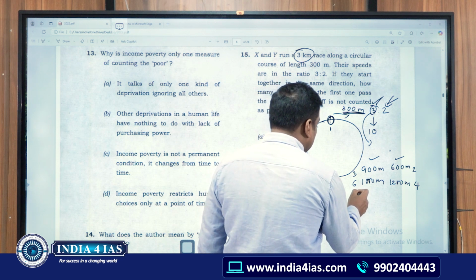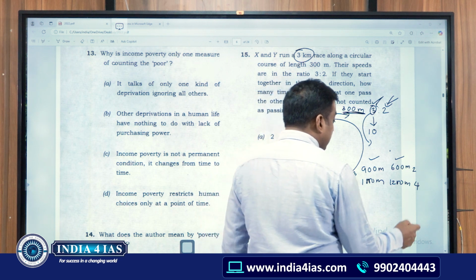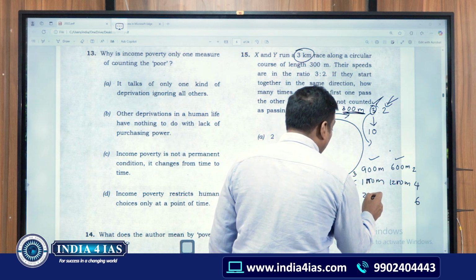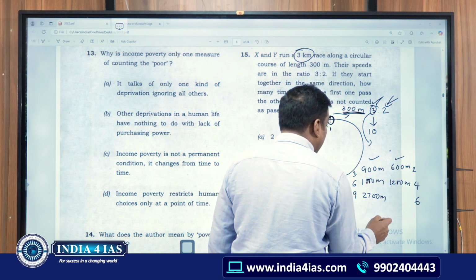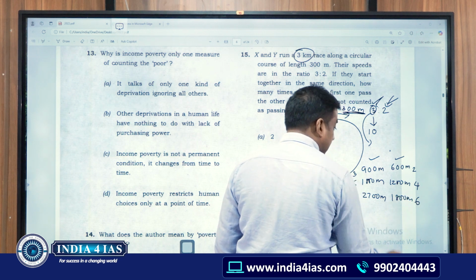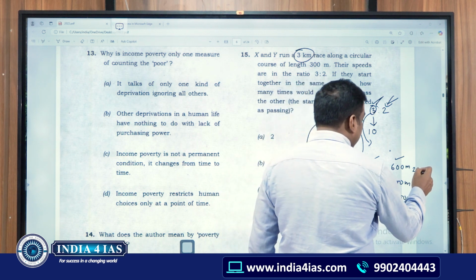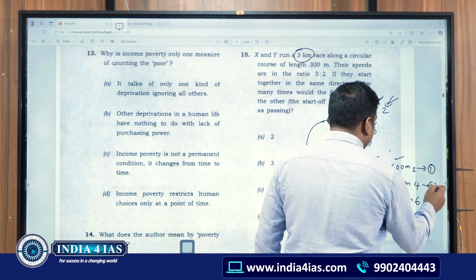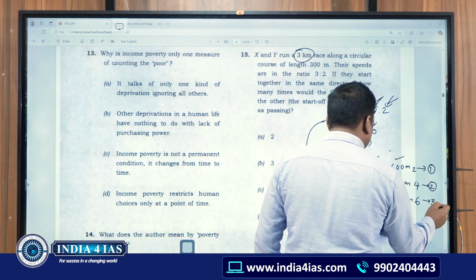When this person covers 9 rounds, this person covers 6 rounds. By the time he covers 9 rounds, 2700 meters has been done, and for this person only 1800 meters is done. So this is when they meet for the first time. This is when they meet for the second time. This is when they meet for the third time.